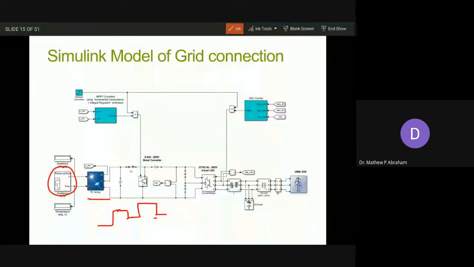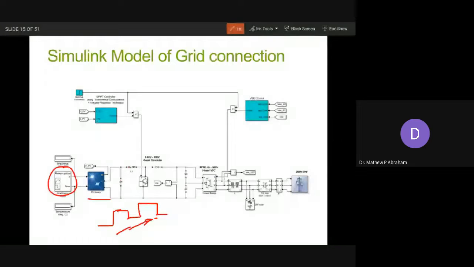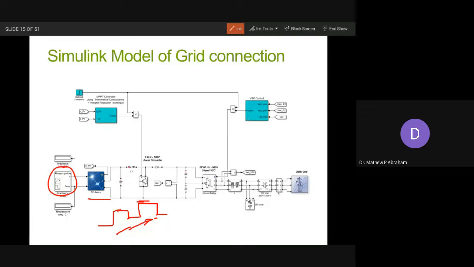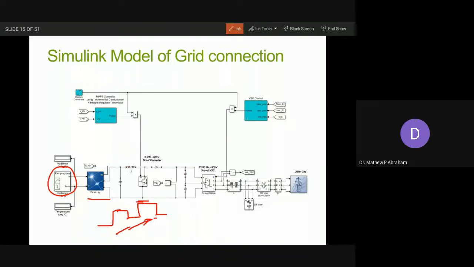Similarly, we can arbitrarily change the temperature also, irradiance as well as the temperature. So depending upon the present value of irradiance and temperature, our MPPT program will be adjusting this boost converter to create maximum power point tracking, right?